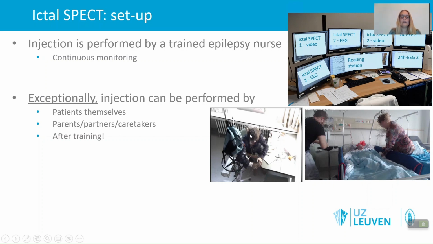So even if caretakers or patients inject themselves, the moment they start injecting, the nurses are there a few seconds later. In our setup, we always train the patient or the caretakers so they have a feeling about how hard you have to press to inject and so on. So this is rather exceptional.